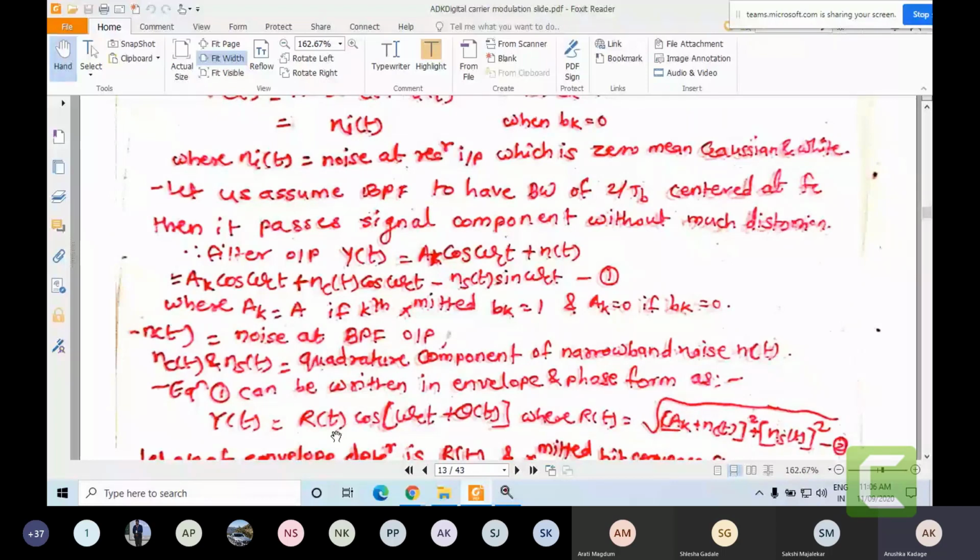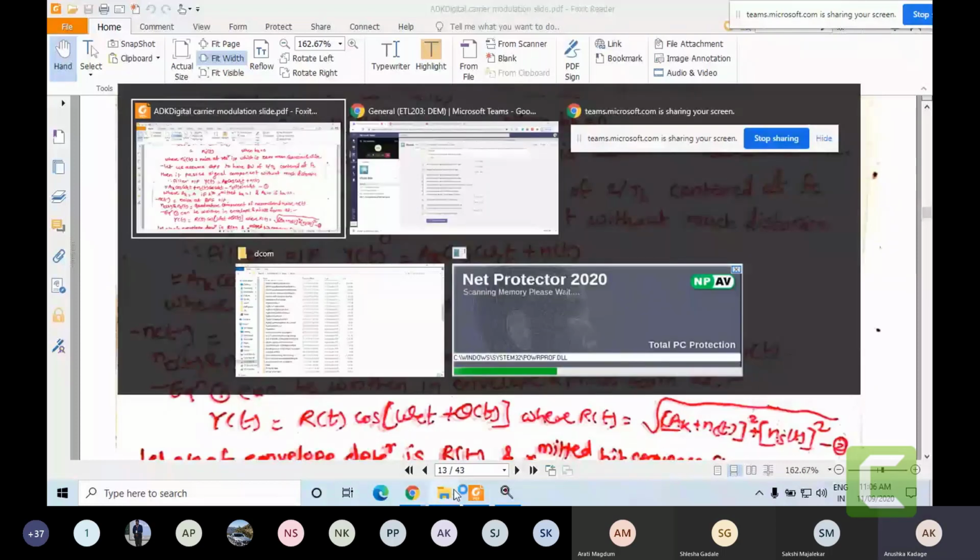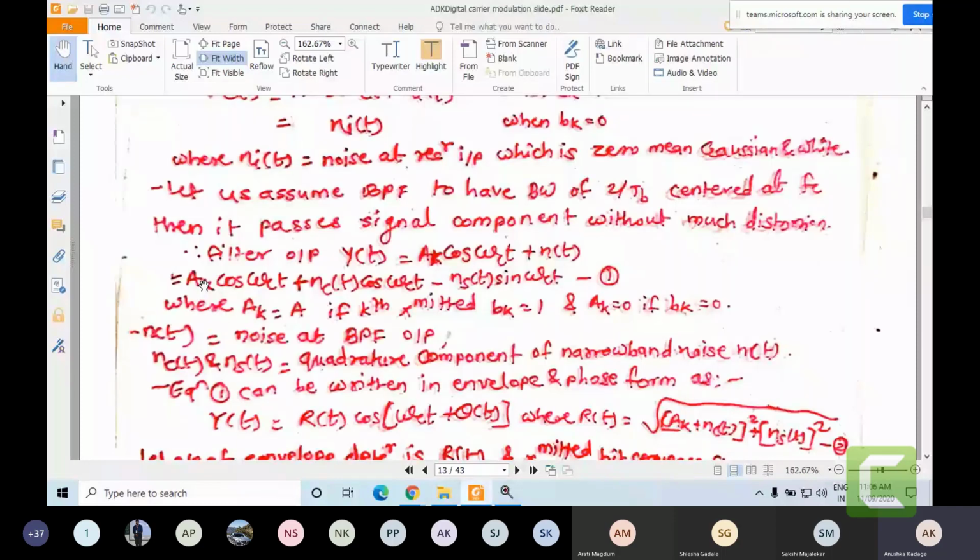And this will be given as R(t) cos(omega_c t plus theta(t)), where this R(t) is obtained as the square root of the magnitude squares, that is (A_k plus n_c(t)) square plus the other component's magnitude n_s(t), that's square. So R(t) is nothing but the magnitude of that signal, and that will be obtained as the square root of magnitude squares.